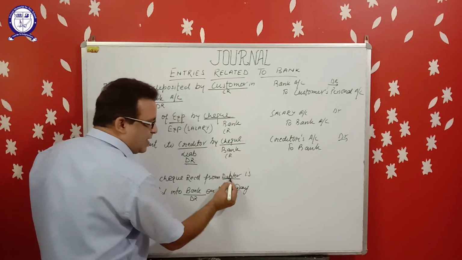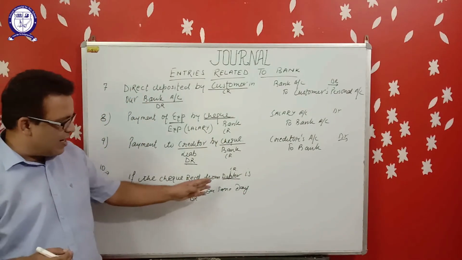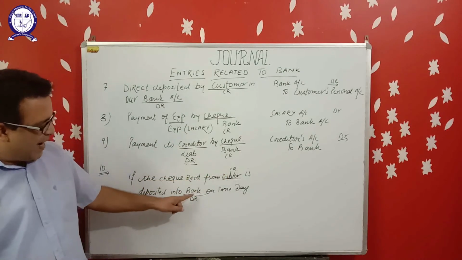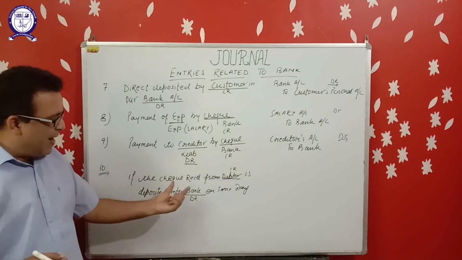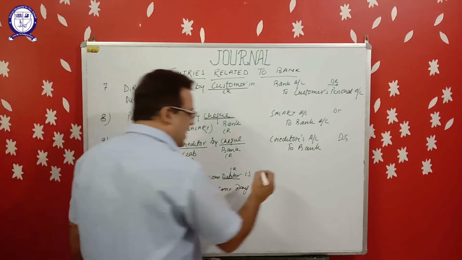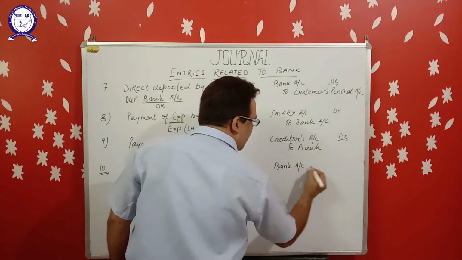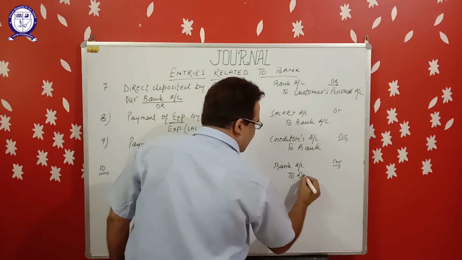That's why this account will be credited. The rule of assets account is applied on both. Bank is also an asset, debtor is also an asset. Bank balance is increasing, that's why bank account will be debited. On the other hand, debtor account will be credited.